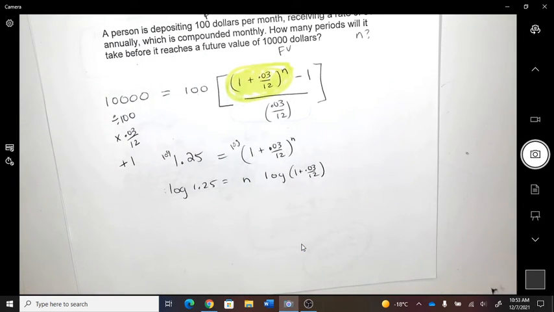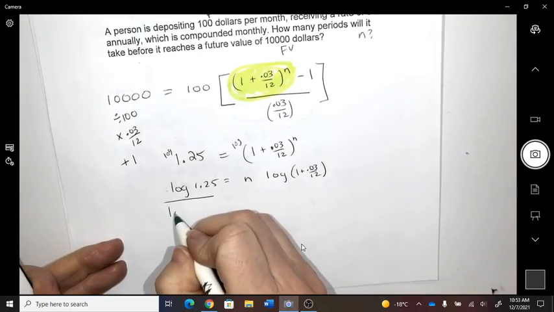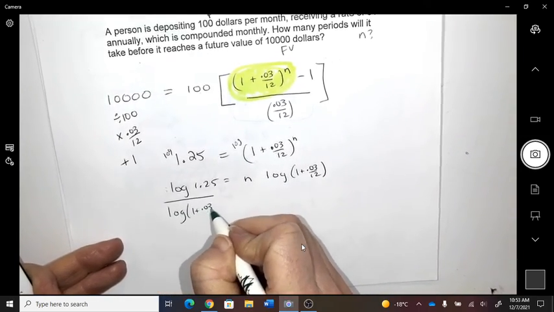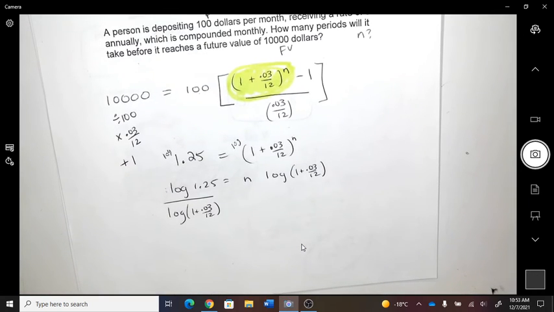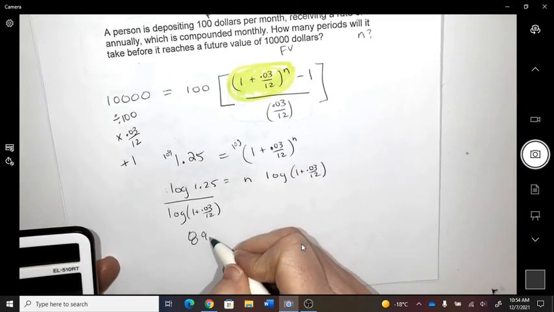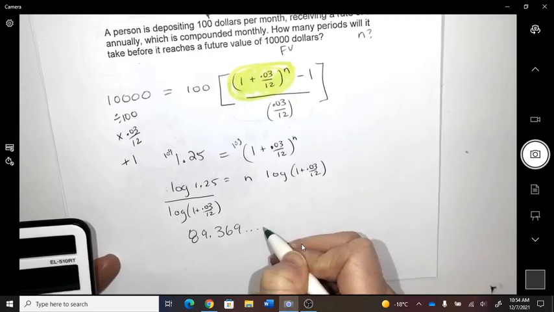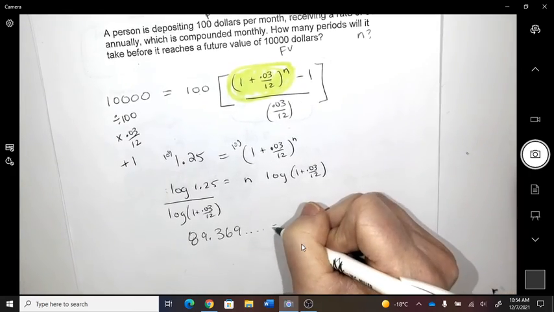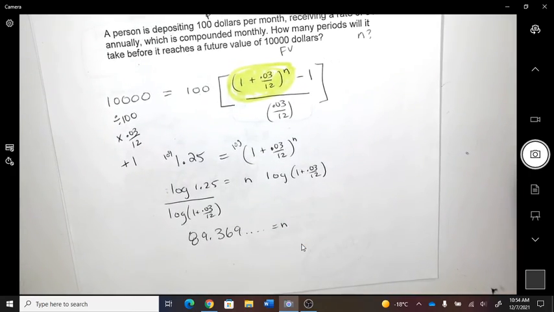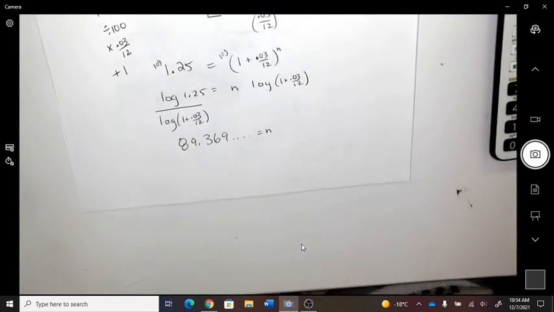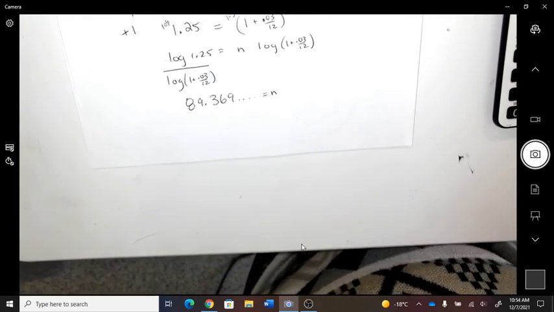The 1 plus something, that doesn't separate. So I'm getting 89 and change.